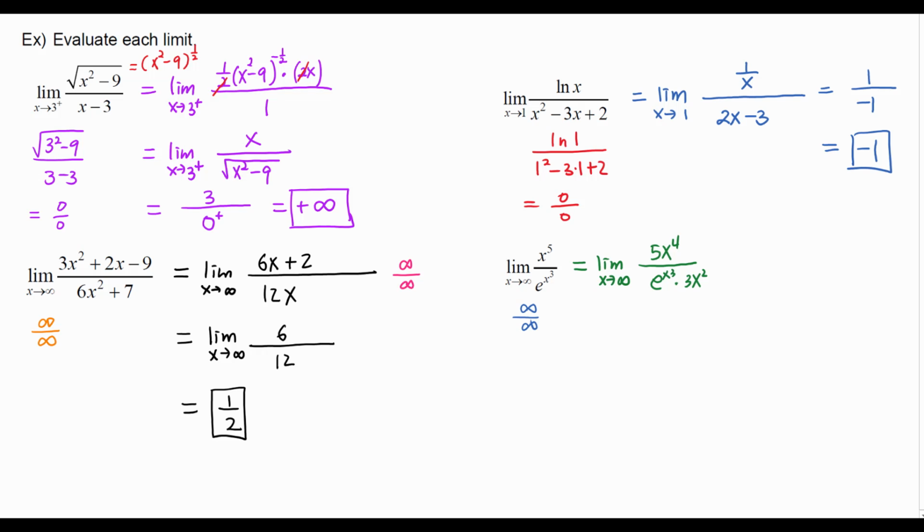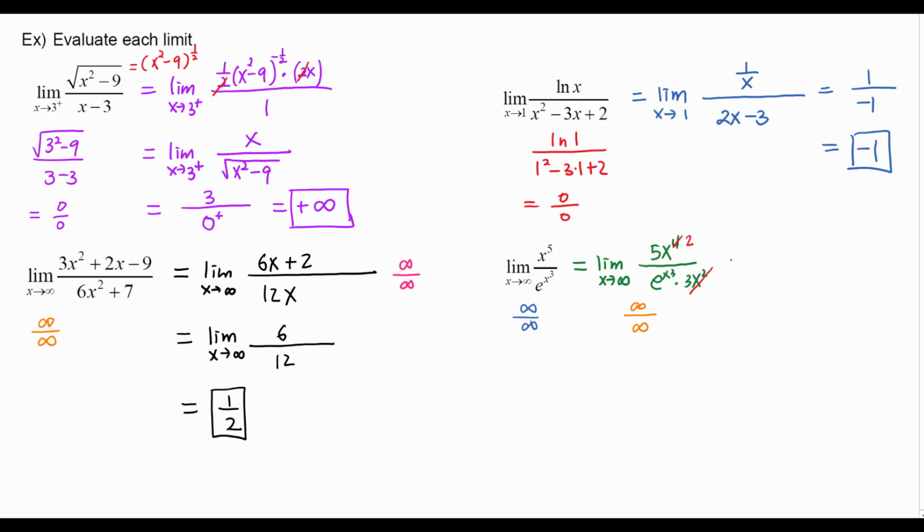So then we can reduce the x squared factor with the x squared factor. If you plug infinity for x again, I have 5 times infinity squared, which is infinity, over e to the infinity to the third power times 3, which is infinity. So again, since this is an indeterminate form, you get to use L'Hopital's rule one more time.